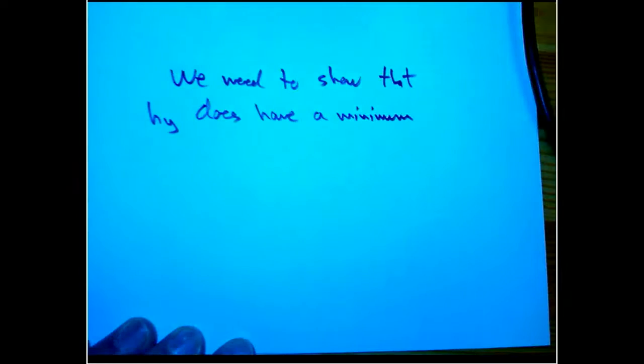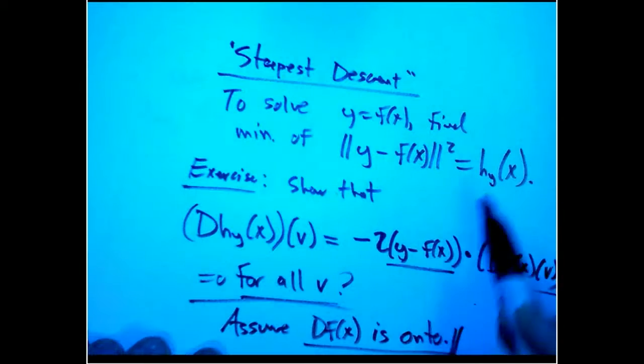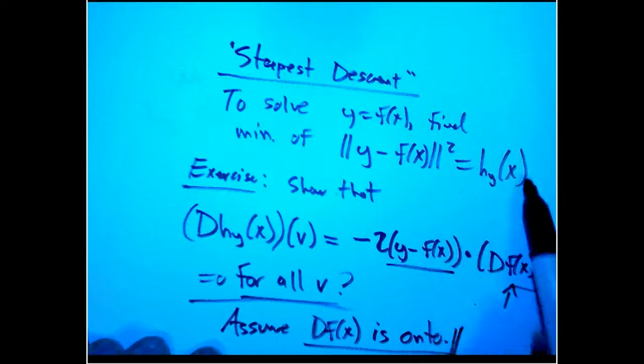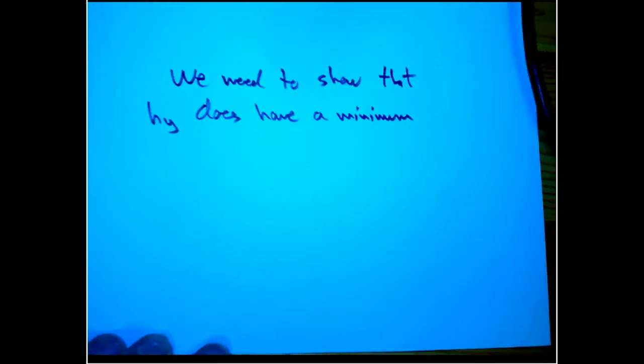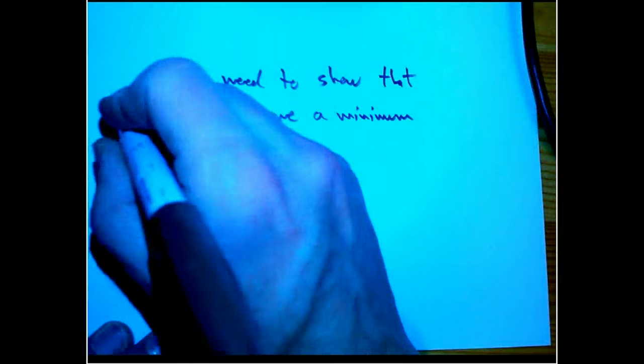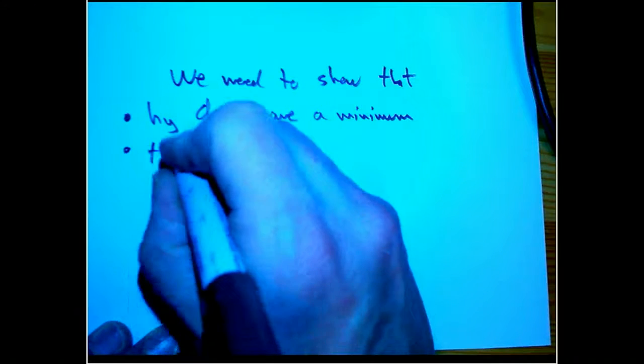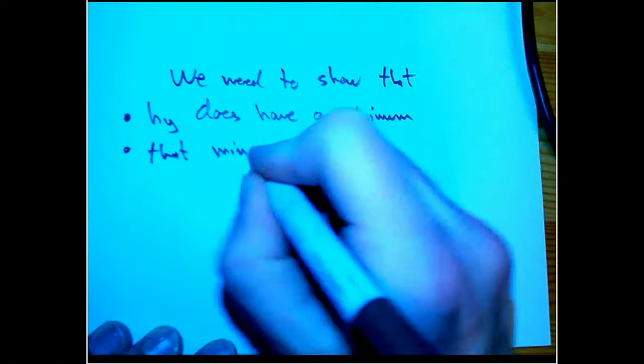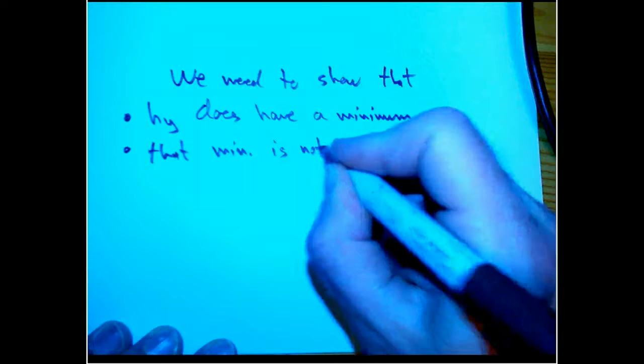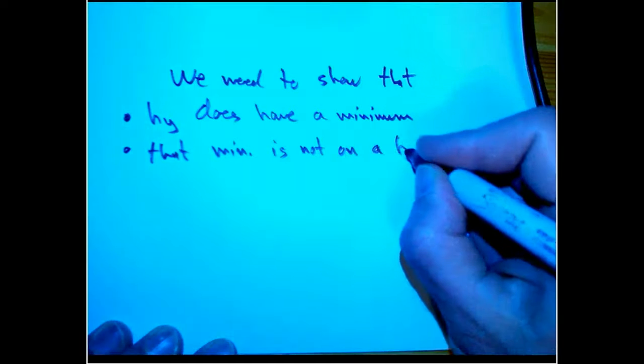Because remember, we're interested in just an existence proof here. Even though I talked about relating it to very practical problems and computational solution methods, we really just want to show that this works, period. So we need to show that h_y does have a minimum, and that minimum is not on a boundary.